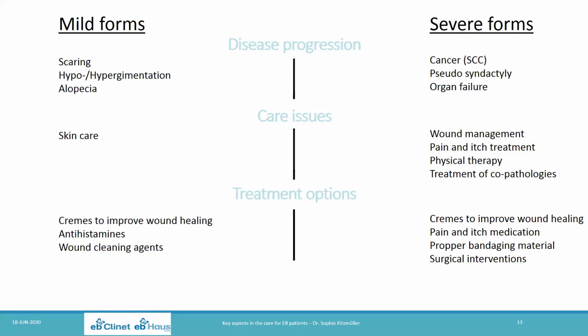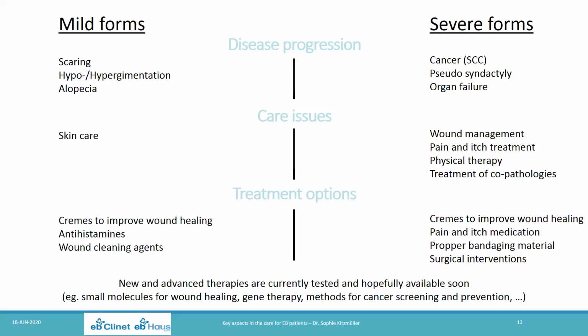A lot of patients even prefer to not use bandages at all in mild forms, which is usually not doable in severe forms. And you also have to think about maybe there are surgical interventions coming up, like I told you before, the widening of the esophagus, for example, that can come up.